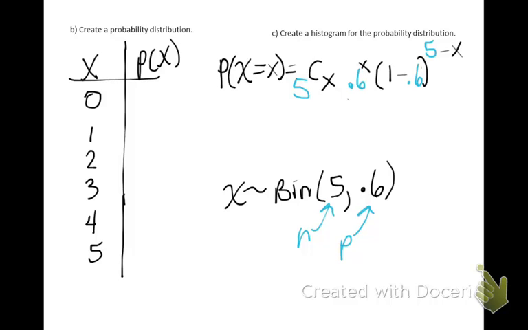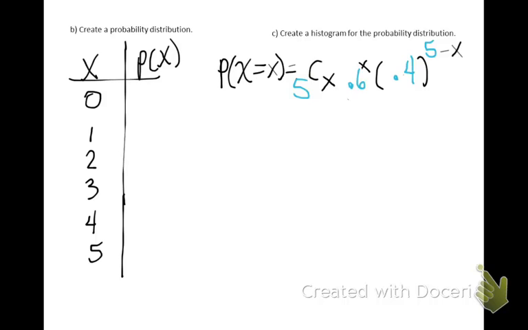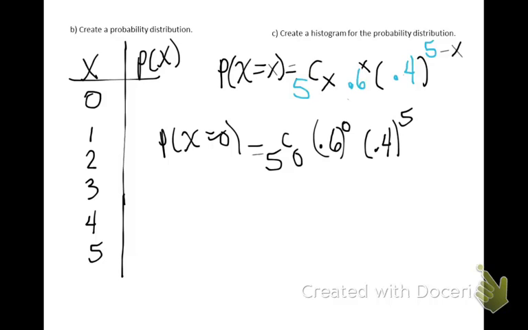Lastly, 1 minus 0.6 is 0.4, so it would simplify things for us if we go ahead and write that in. Now to calculate the probability of any particular outcome, all we have to do is plug in the number x. The probability that x equals 0 would equal 5 choose 0, 0.6 to the 0, and 0.4 to the 5 minus 0.